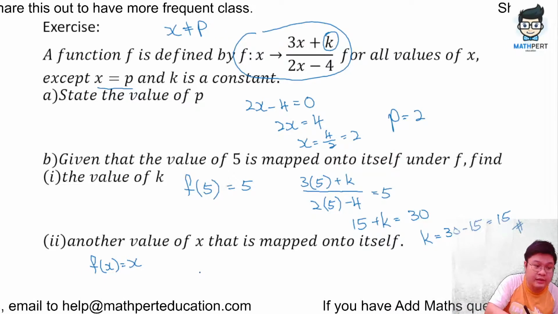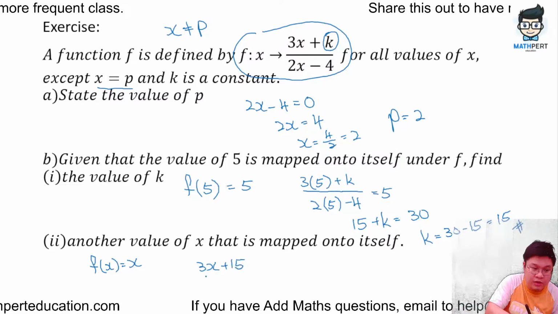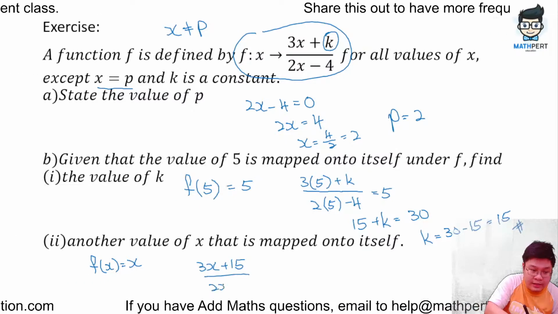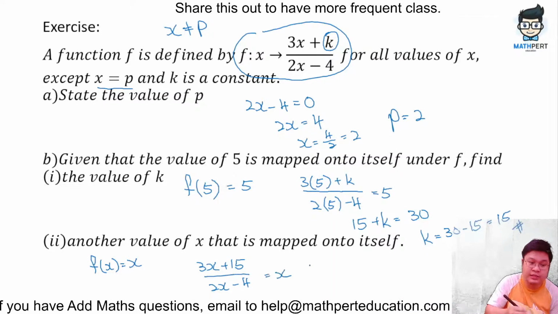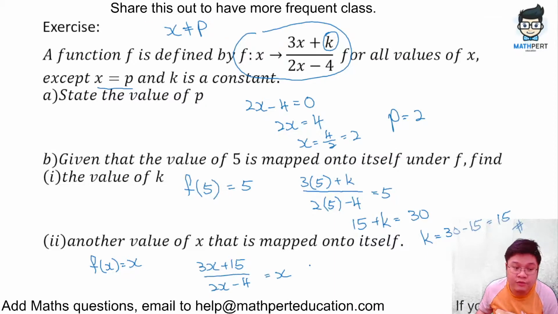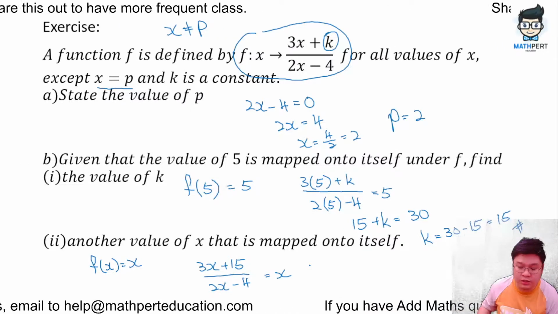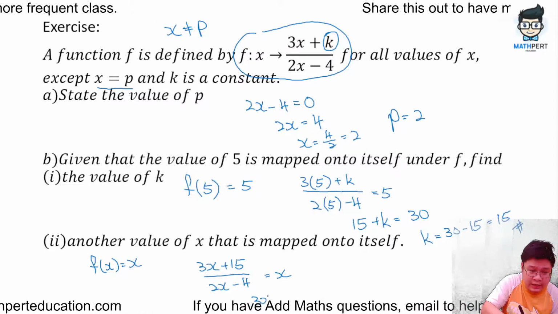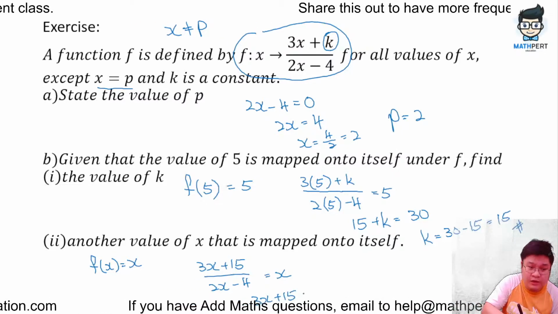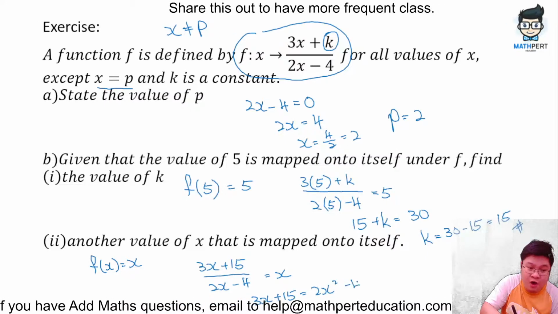Since we know that the value of k is already 15 from question B1, we can say that (3x plus 15) over (2x minus 4) is equal to x. Then we do cross multiplication. You will get 3x plus 15 equals 2x squared minus 4x.